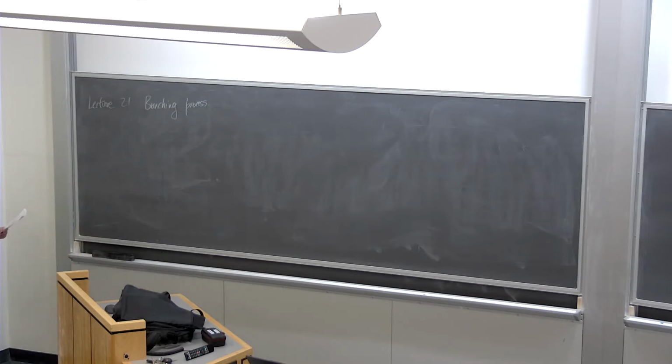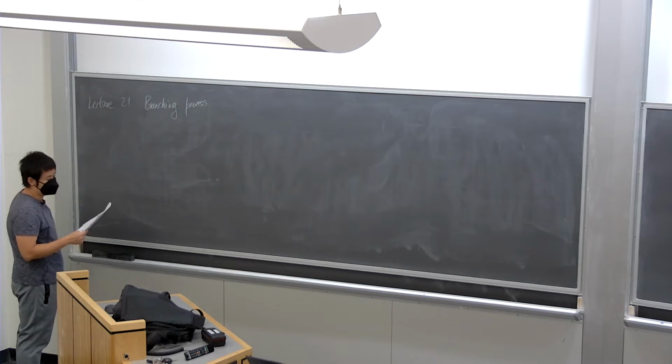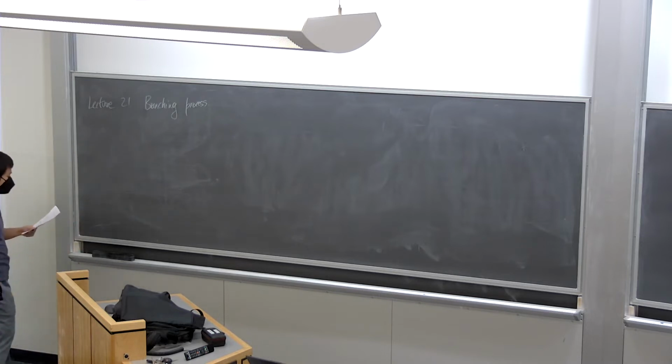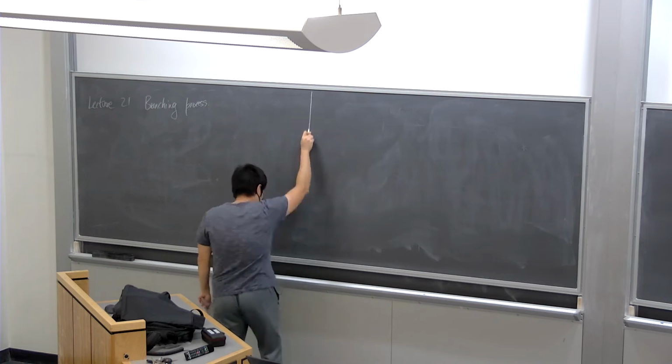So maybe first let me give a little bit of a description of this model. For the branching process, let me cut the board in half.